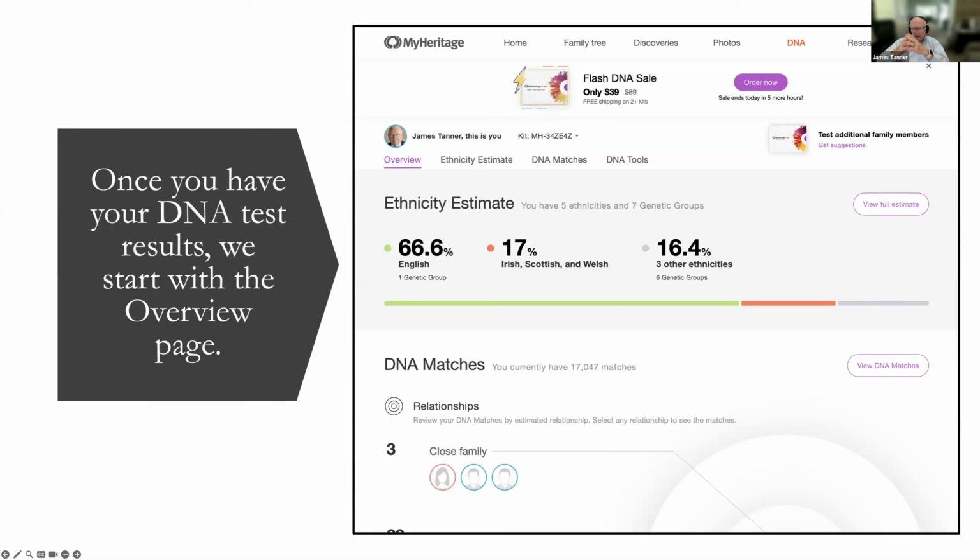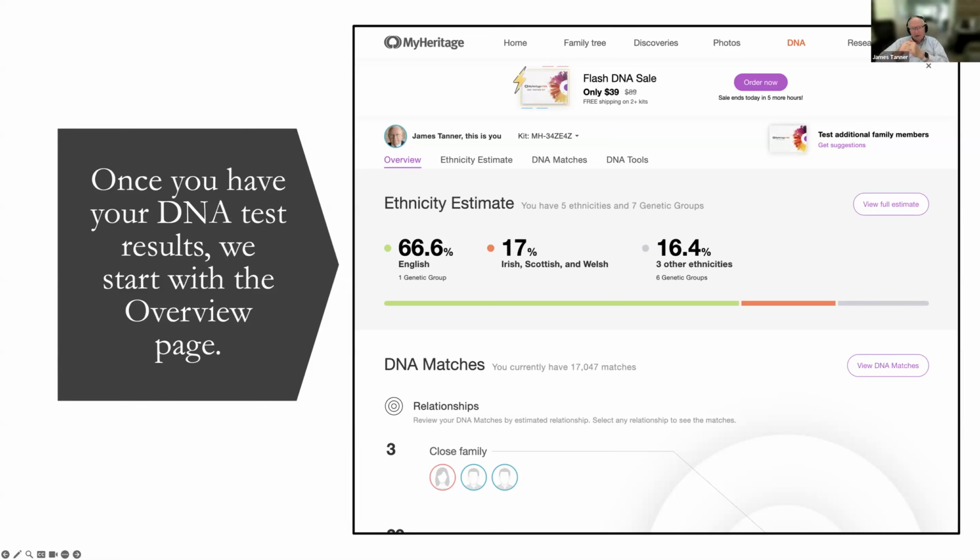My ethnicity estimate has changed considerably and differs somewhat from what I've gotten from other companies. Basically, this is all my data. It's kind of public record information on MyHeritage, so there's no reason for any problem here with what I think is a privacy issue.